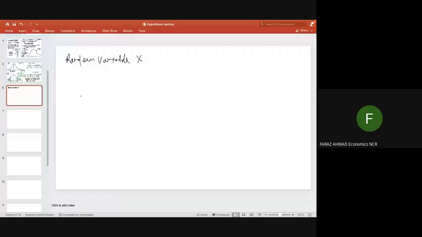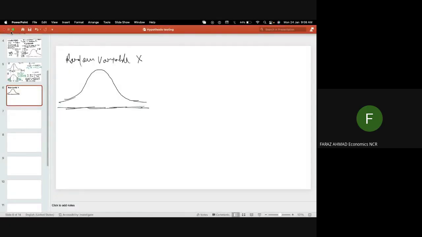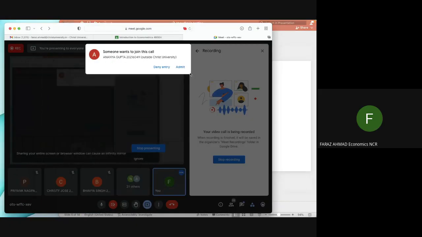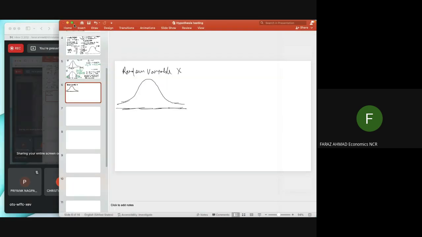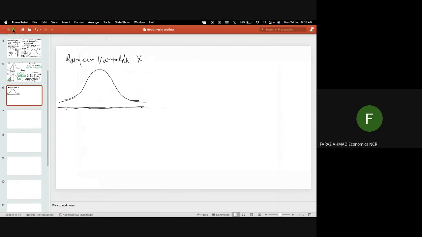And this x has a probability distribution, and we can think of this random variable to be there on the x-axis.